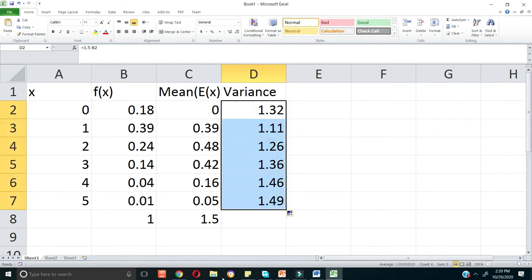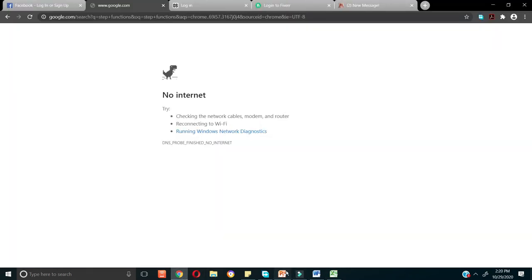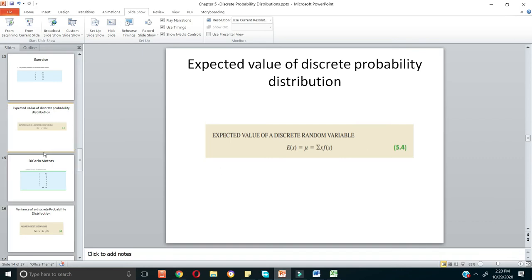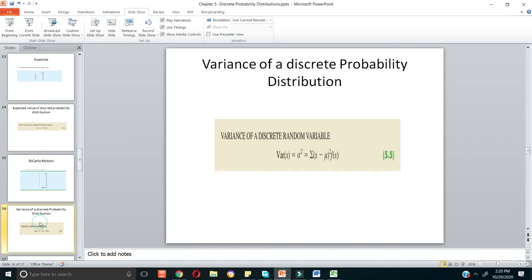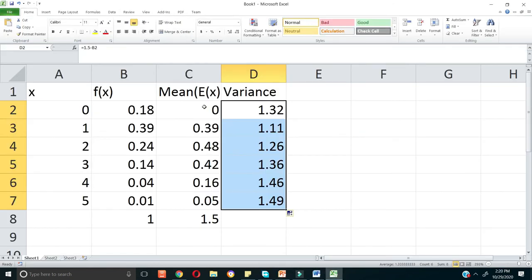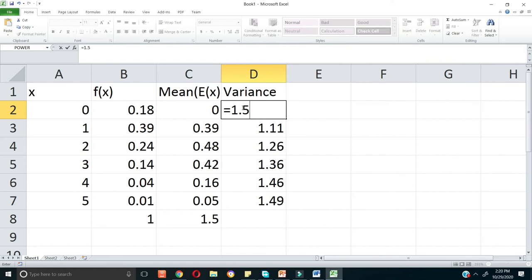If you go back to the formula, you can see the formula for the variance. We have x minus mu. So it's going to be 1.5 minus the actual value on the day.